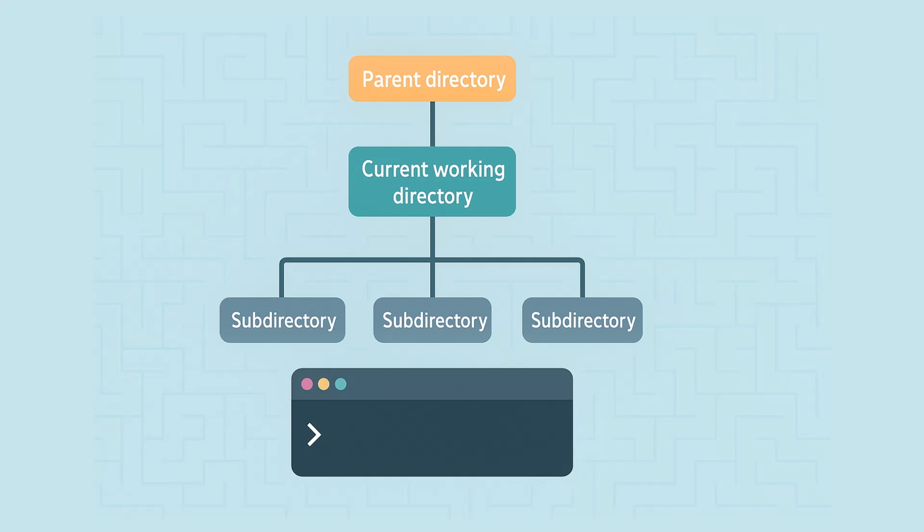Think of it like a maze shaped as an upside-down tree, where we're standing in the middle of it. At any moment, we're inside a specific directory, known as the current working directory, and can see the files inside it, the path to the directory above, the parent directory, and any subsequent directories below.